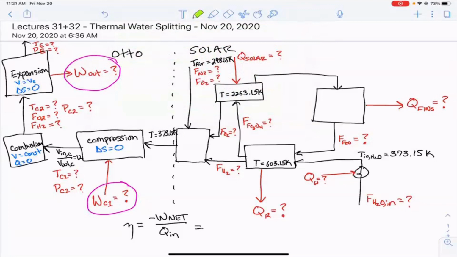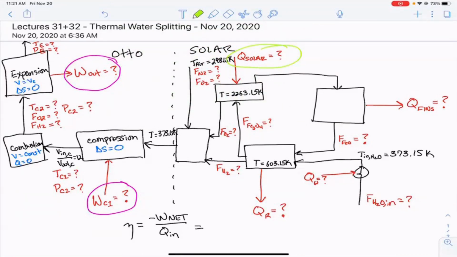And what about Q in? So where do we add heat in this process? Solar and then the combustion. Now the combustion is really interesting. So usually, right, we added heat in that step, right? We had Q in. But we already did that, right? Isn't Q in just Q solar?